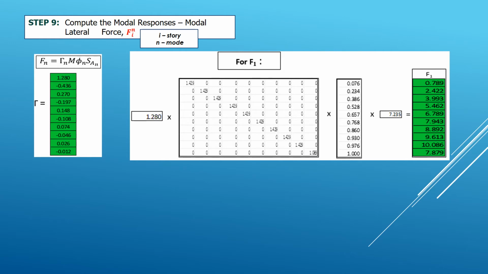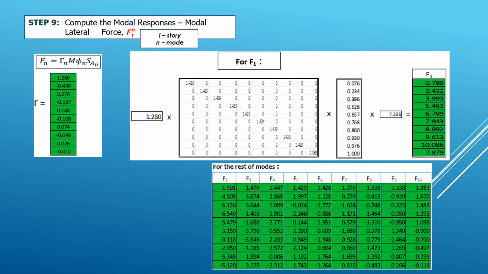Using Excel, ito yung magiging result niya for mode 1. So to find the mode 2 to mode 10, same process lang yung gagamitin natin. Yes, ito yung magiging result niya for F2 to F3.